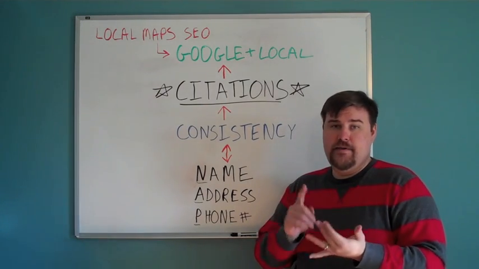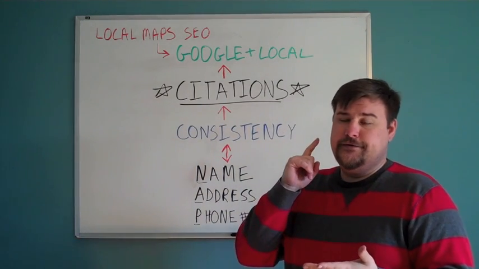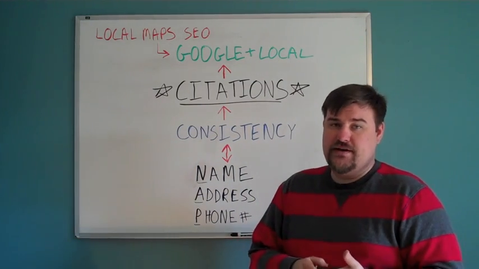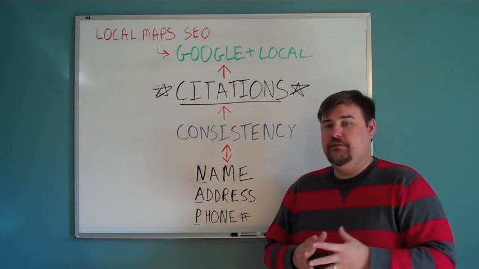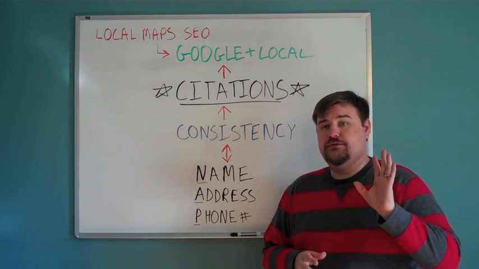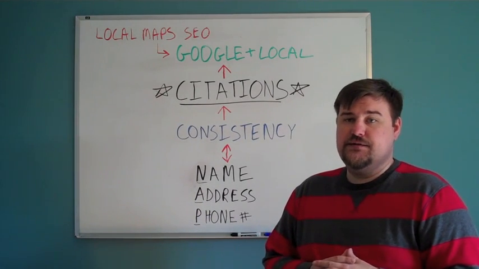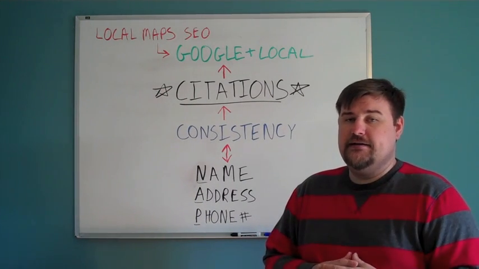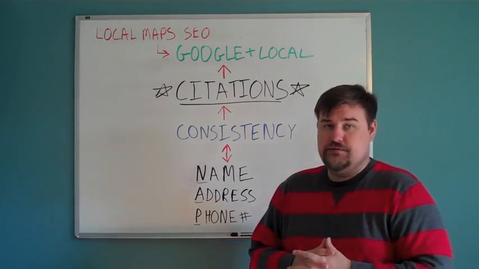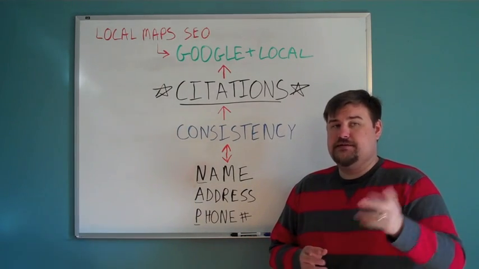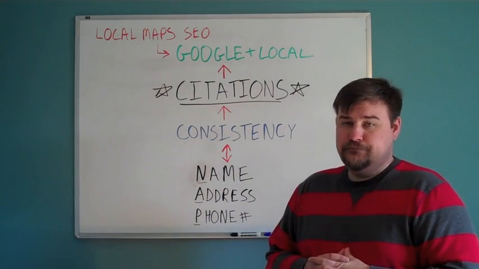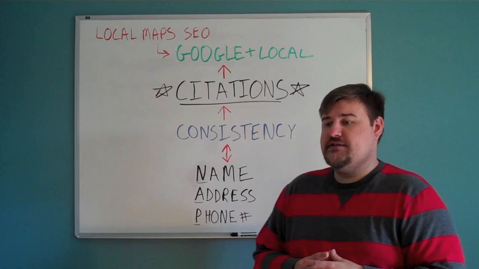It's a name, address, phone number, website address, and basically what we're going to talk about is how to consistently do your citations so that you have a better shot at showing up in those local search results next to the map. So citations, what are citations?